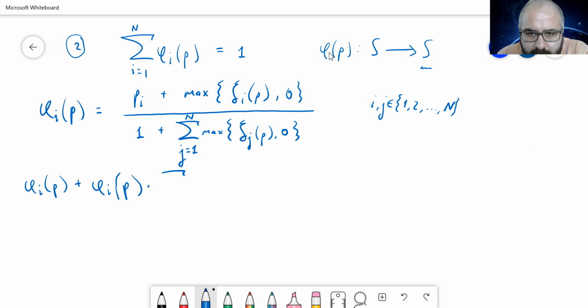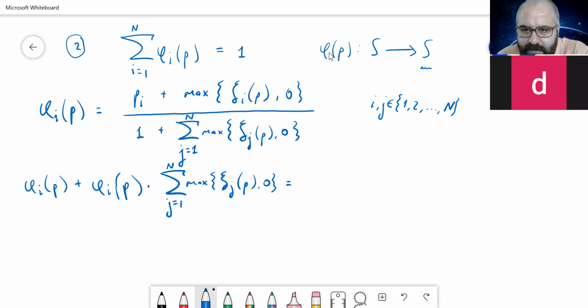Times the sum over j from 1 to n of max zeta_j(p), 0. Okay, this must be equal to the max of zeta_i(p), 0. So the same equation, right?